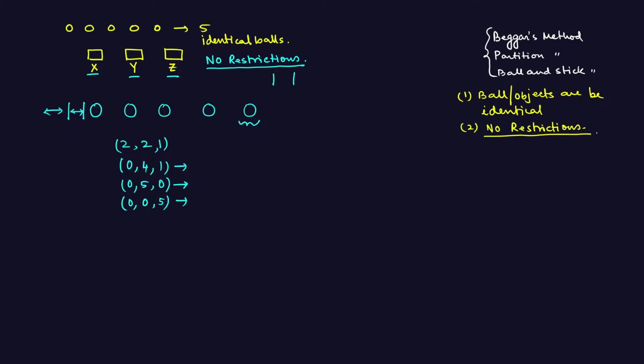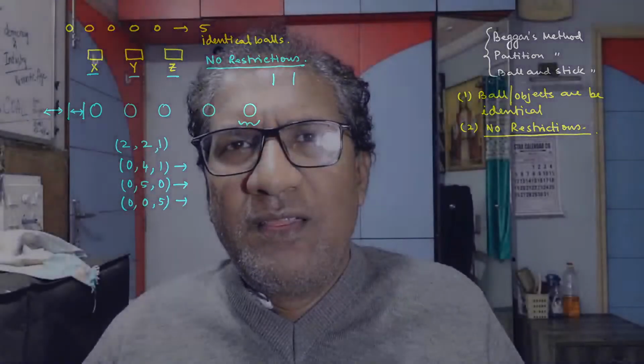Is it clear? So, just now what we have said is that the total number of ways of arranging these 5 identical balls and these 2 separators is the total number of ways in which these 5 identical balls can be distributed among these 3 persons, X, Y, and Z.